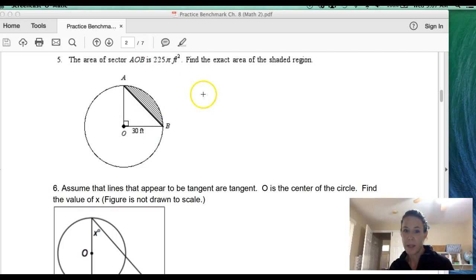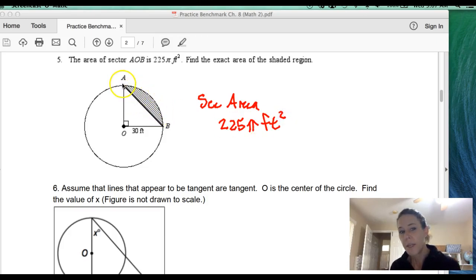They already tell me the sector area is 225 pi feet squared. I need to just find this piece, not the whole sector. That's the area of the whole sector. I need to find this piece, so I need to subtract off the area of the triangle.